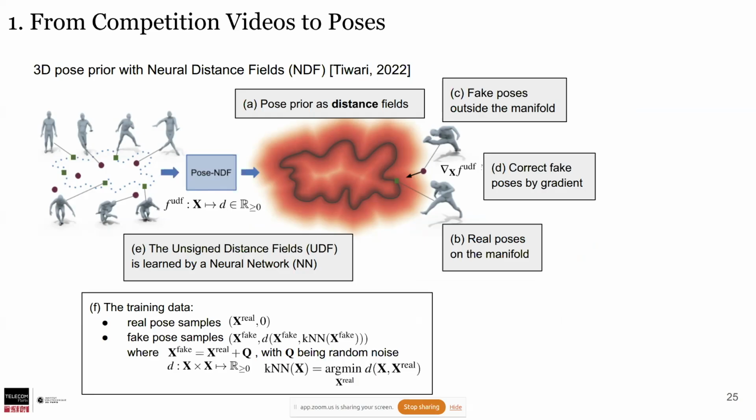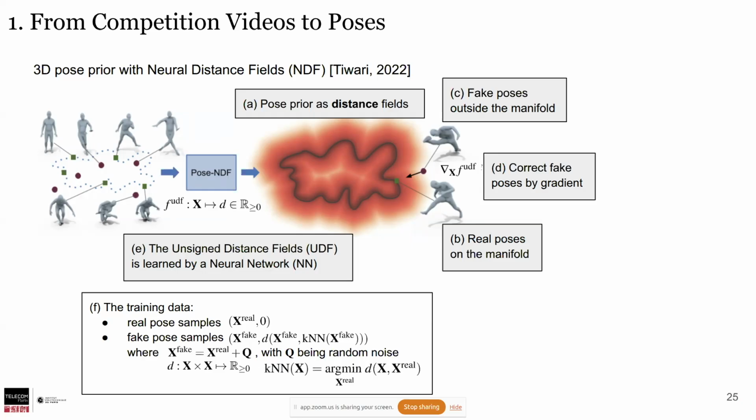They assume that all the plausible human poses lie on a high dimensional manifold, which is the 0 level, which means that a real pose has a distance of 0 to the manifold, while fake or bad poses are outside the manifold, so they have a positive distance to that manifold. In this case, the distances become fields, which we call distance fields or neural distance fields.